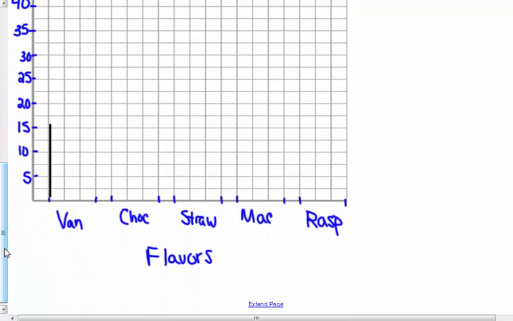So my vanilla was only 7.5%, way down here. It's going to be halfway between 5 and 10, which is 7.5. So there's 7.5 for vanilla. Chocolate was 25%. So going up to 25.